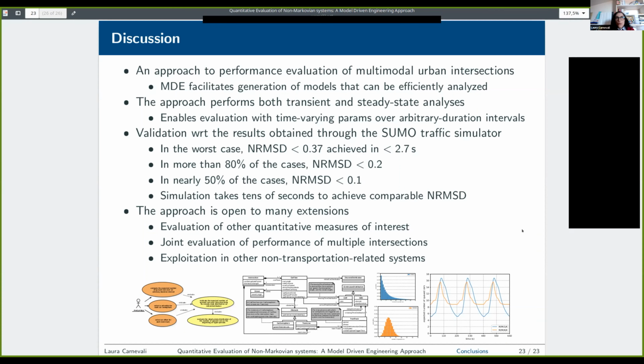In particular, we are working on evaluating other quantitative measures of interest, such as expected waiting times at the intersection, joint evaluation of the performance of multiple intersections, and also exploitation in other non-transportation related systems, because in the end, this is an approach that can be used when you have some subsystem that has priority over the available resources with respect to another subsystem, another component.